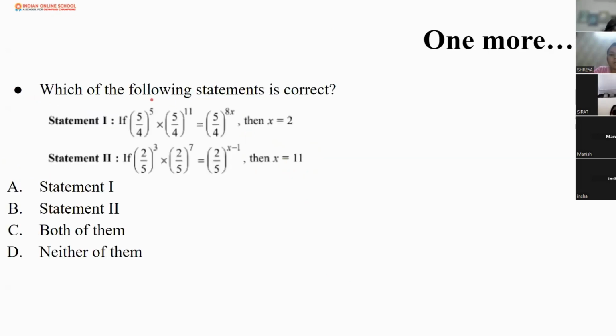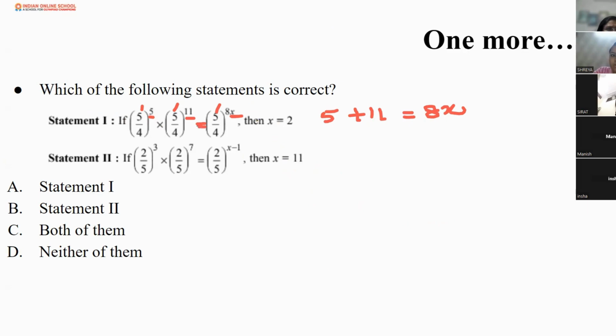Next one. Which of the following statements is correct? See, if you observe, all the bases are same: 5 by 4, 5 by 4, 5 by 4. So you can add the exponents now. 5 plus 11 would be equal to 8x, as per the algebraic expressions. Correct?